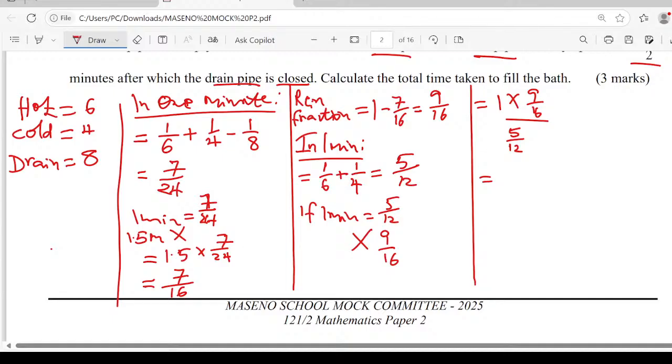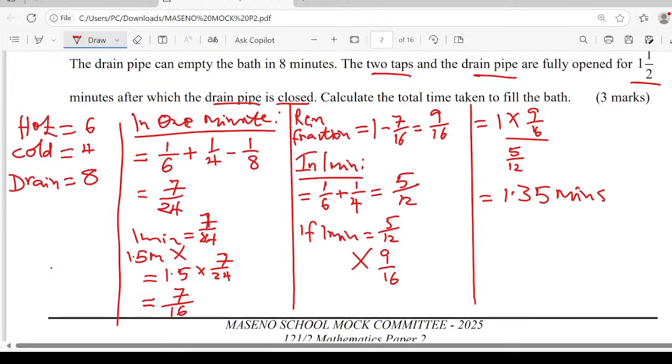That is just like 1 times 9/16 remaining as 9/16. So when I take 9/16 divided by 5/12, remember I'm looking for minutes. When I change this to a decimal, it gives me 1.35 minutes. So the hot and the cold taps are going to run for another 1.35 minutes.